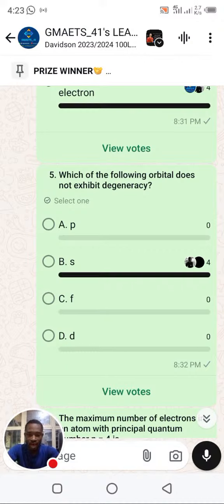Take note, S orbital does not exhibit degeneracy. When you talk about degeneracy, it is the idea of orbitals belonging to the same energy level. So S orbital doesn't possess degeneracy. There's nothing like degenerate orbitals in an S orbital. So the correct option is B.